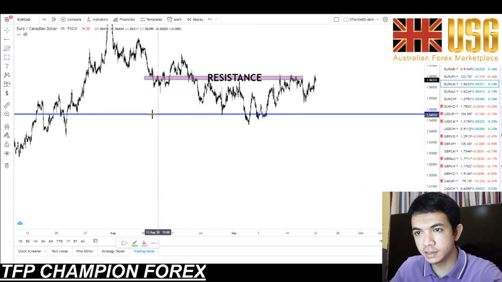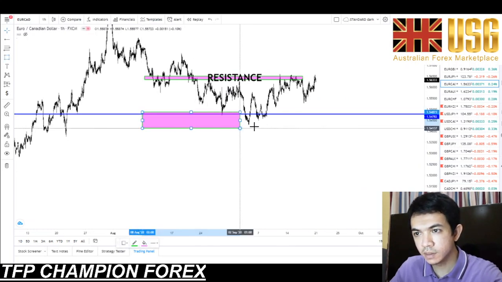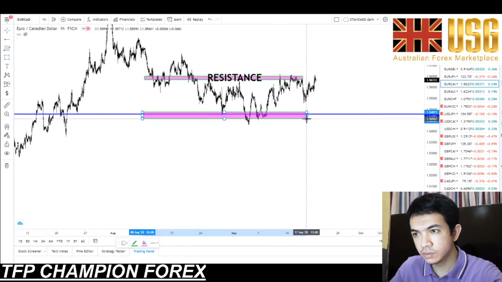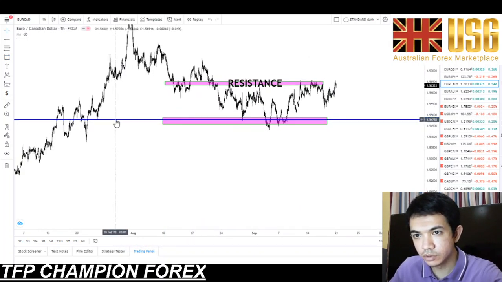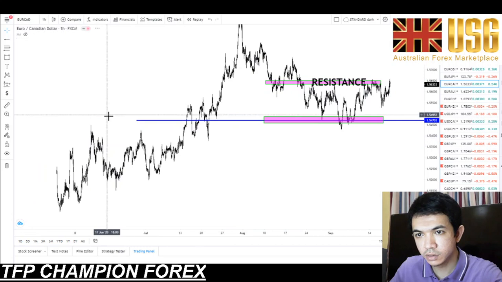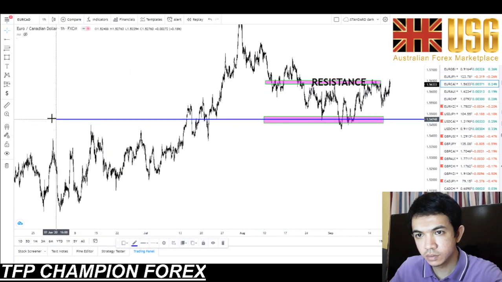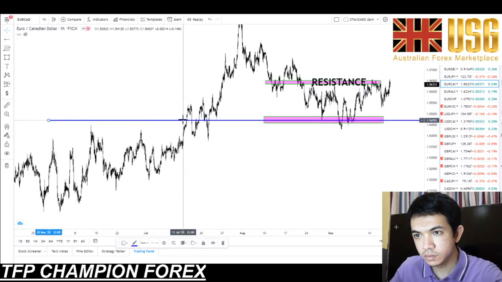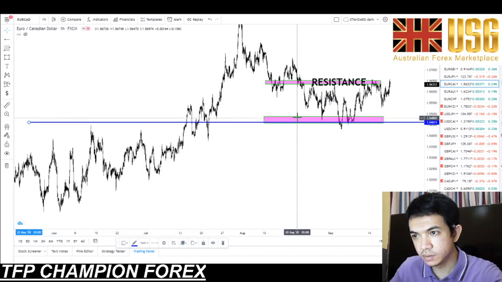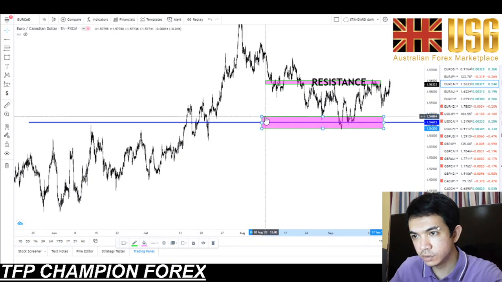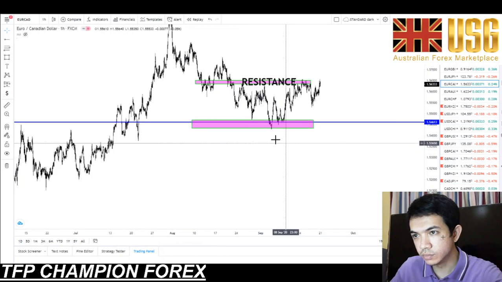I'll mark this as my key support level or zone. I can just adjust this. So this is my key support level or zone.